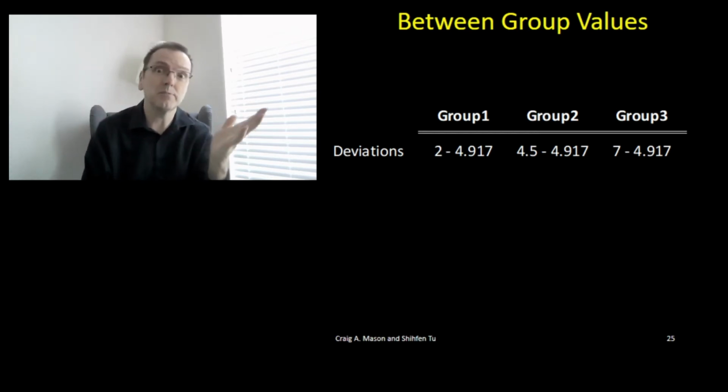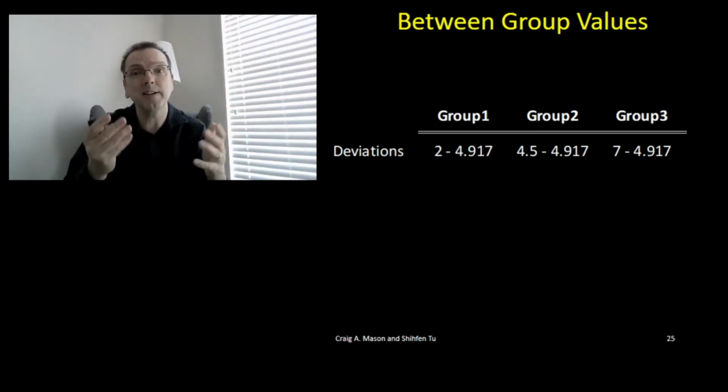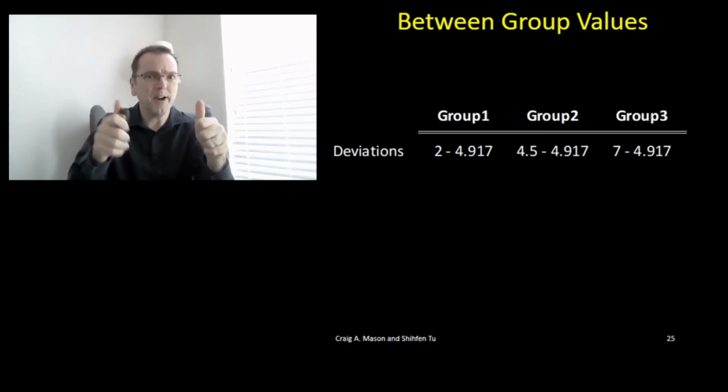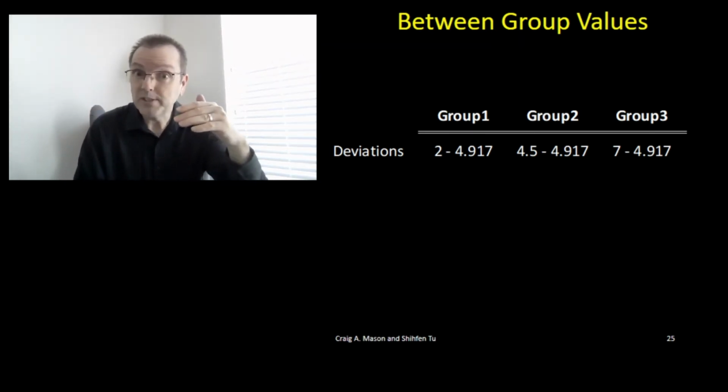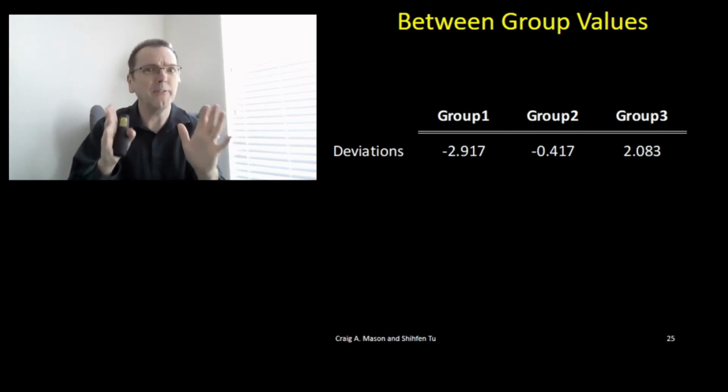That gives us 2 minus 4.917 and 4.5 minus 4.917 and 7 minus 4.917, right? If we solve those, that gives us our group mean deviations from the grand mean. Let me repeat that. It's a mouthful, isn't it?